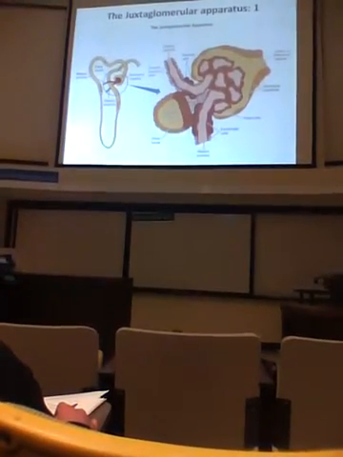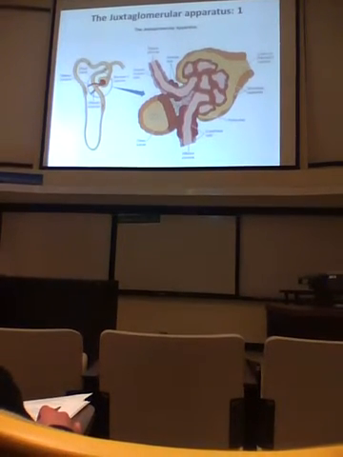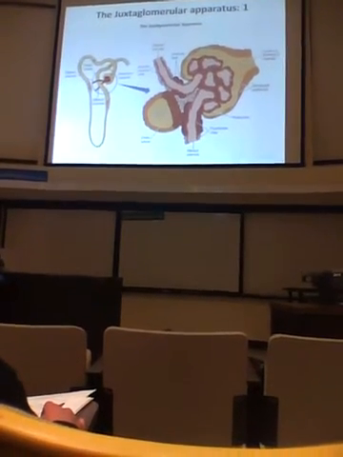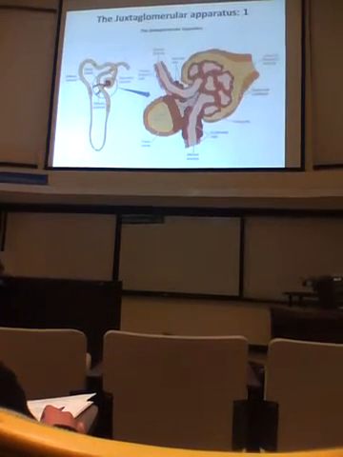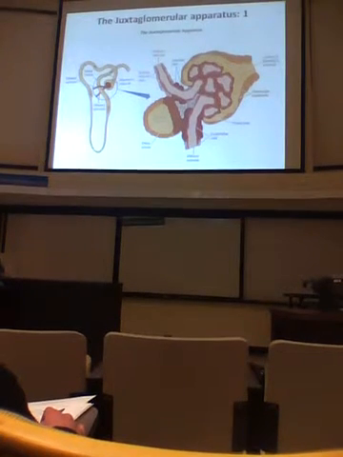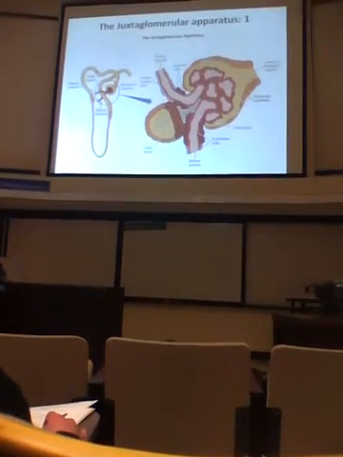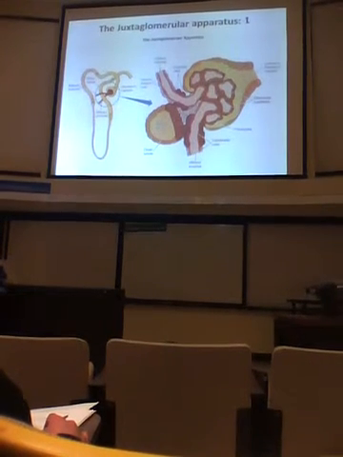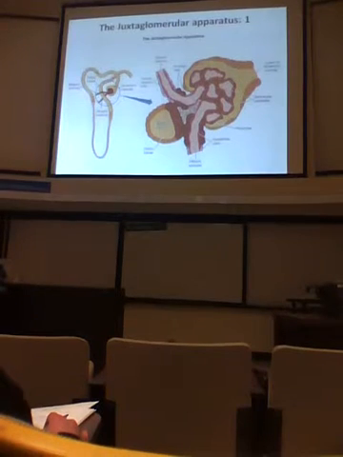But look where it goes. It goes between the afferent and efferent arteriole here. The distal tubule actually is inserted between the inflow and the outflow of the blood. That enables you to sense what's going on in the tubules.